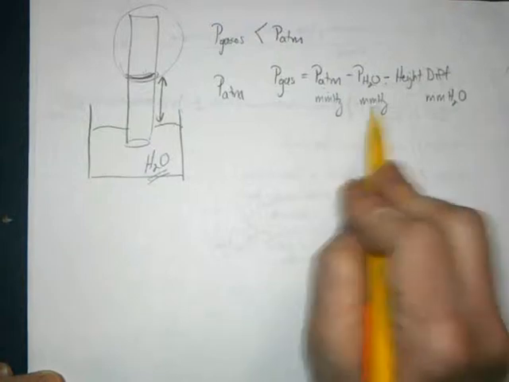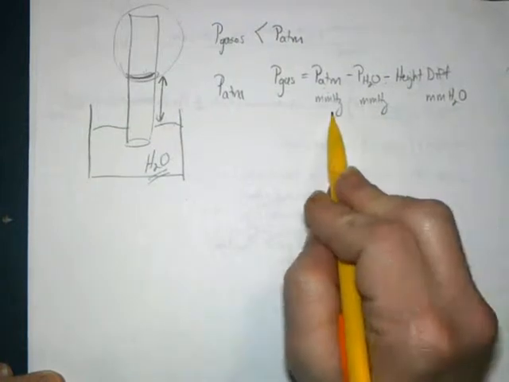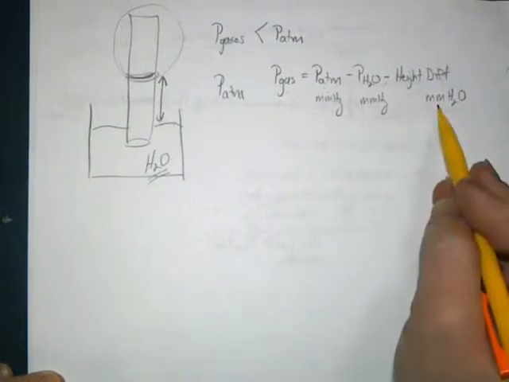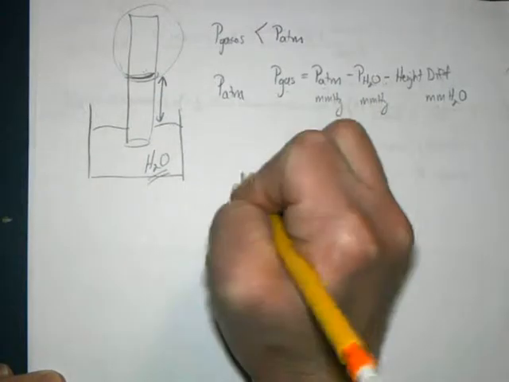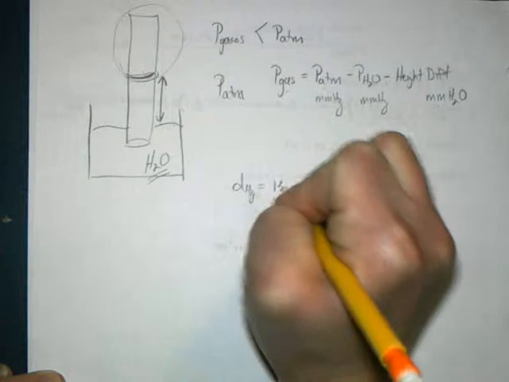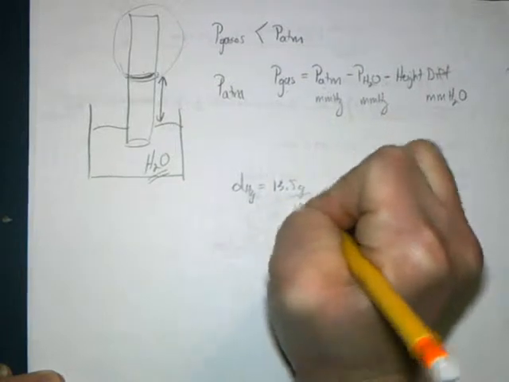We know mathematically we're in a quandary. Here's where we will rely on the density difference between water and mercury. The density difference is 13.5 grams per milliliter of mercury as compared to water.